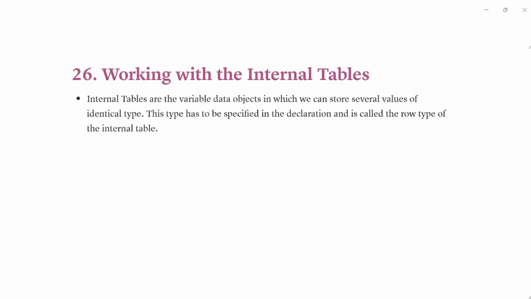That is how it is declared. The DATA keyword is used to declare this data object as well. You give the internal table name, then the TYPE TABLE OF keyword, then the type of row which you are going to store inside this internal table.